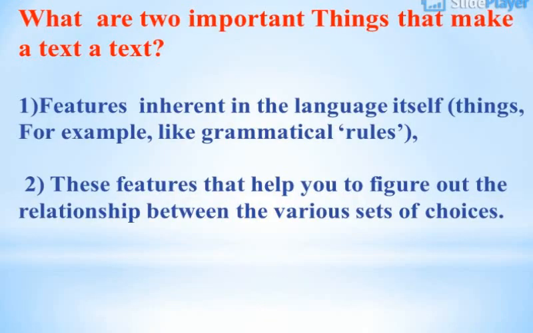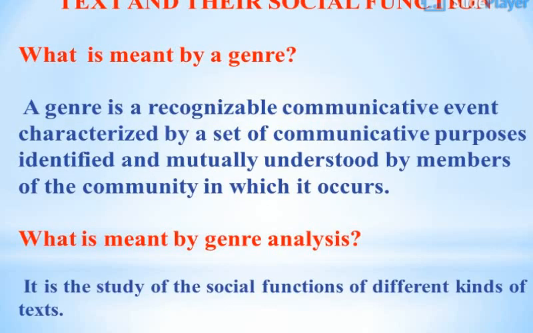What are two important things that make a text a text? 1. Features inherent in the language itself, for example, grammatical rules. 2. Features that help you to figure out the relationship between the various sets of choices, text and their social function.